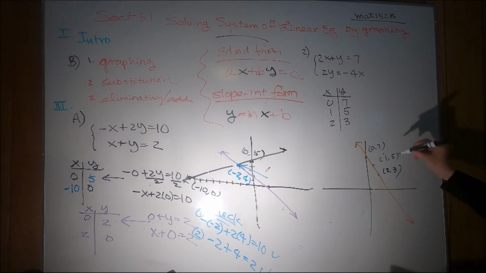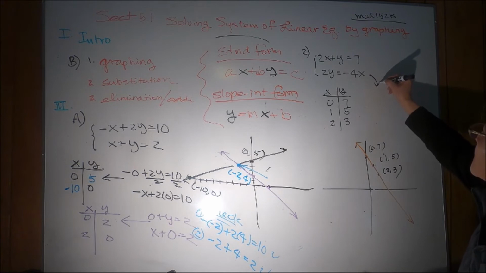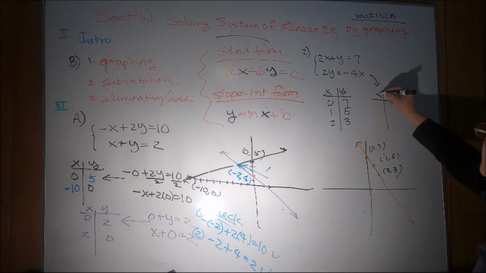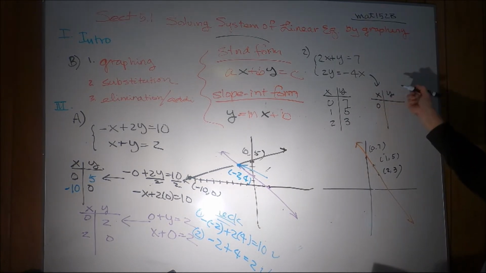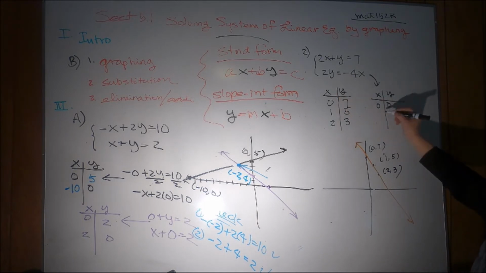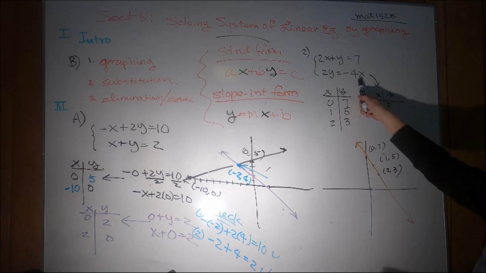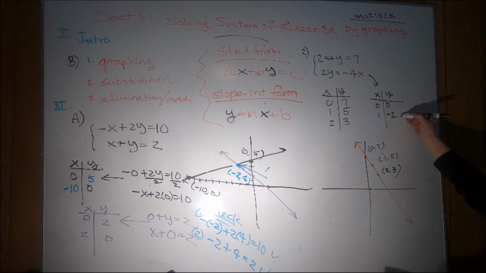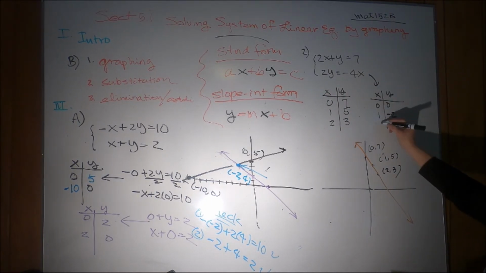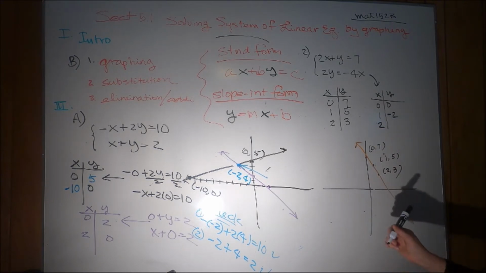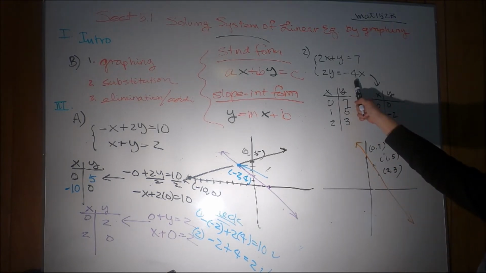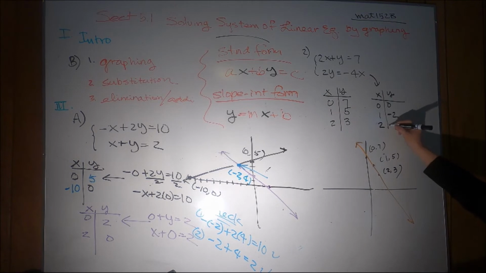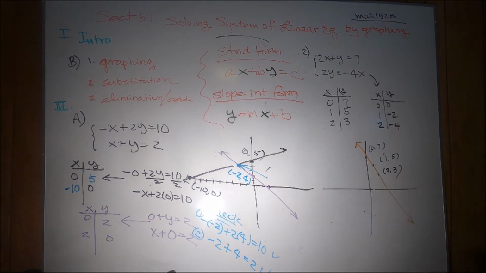For the second one, you do your t-table, right? So your x is 0, y is 0, x is 1, you plug in -4 divided by 2, so that's -2. And if you plug in x is 2, that would be negative 8 divided by 2, negative 4.